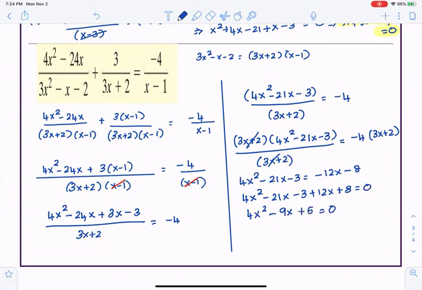So we have to come up with two numbers so that when I add the two numbers, I get negative 9. When I multiply, I get the product of 4 and 5, which is positive 20. So the two numbers are negative 5 and negative 9.